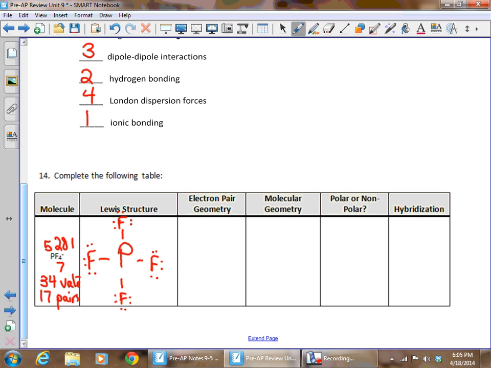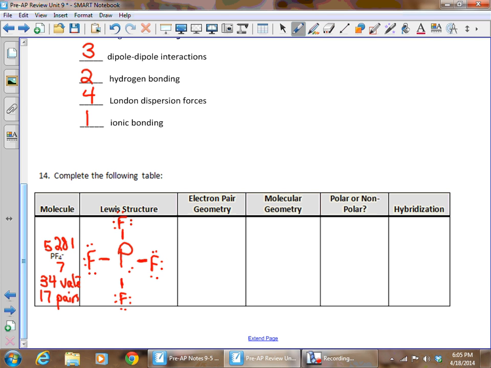Outside gets first dibs, and if we have any left over, where do they go? The center, on the phosphorus, and there's 1 left over. Doesn't really matter where you put it, as long as you put it in a blank space. Don't put it around those dashes that are bonding pairs. We want that lone pair in a blank space.